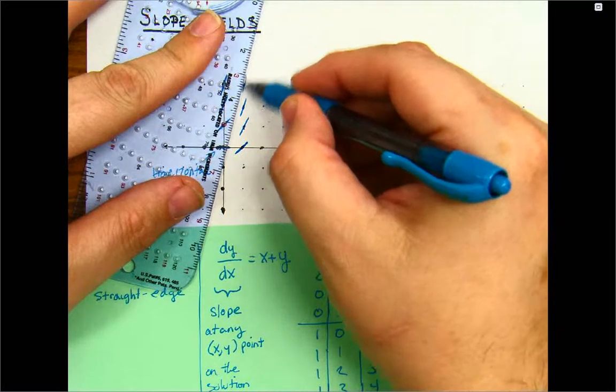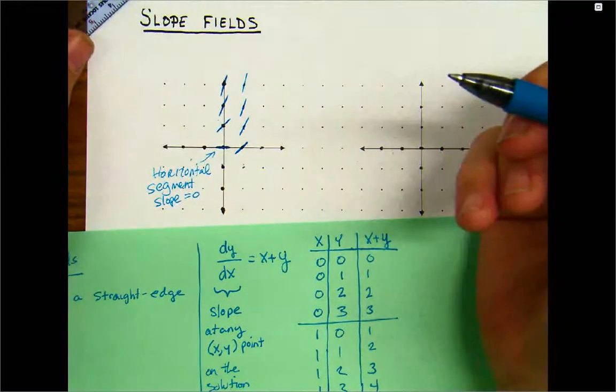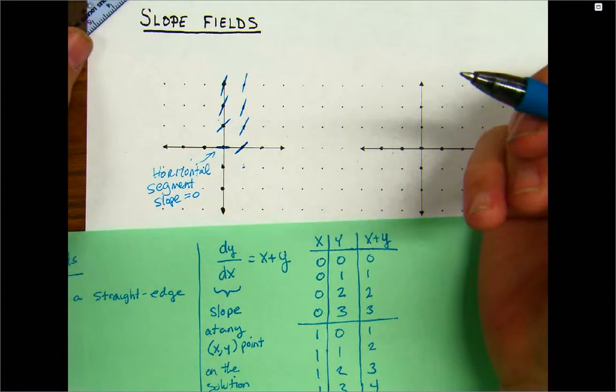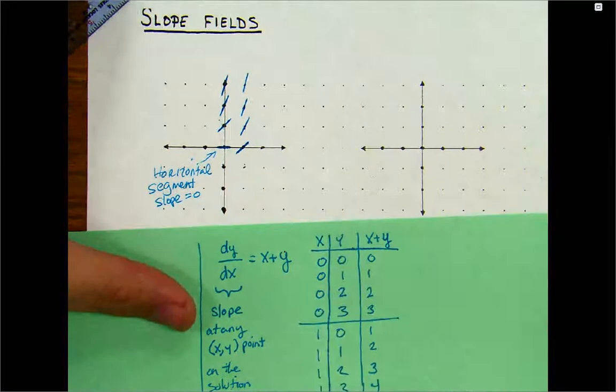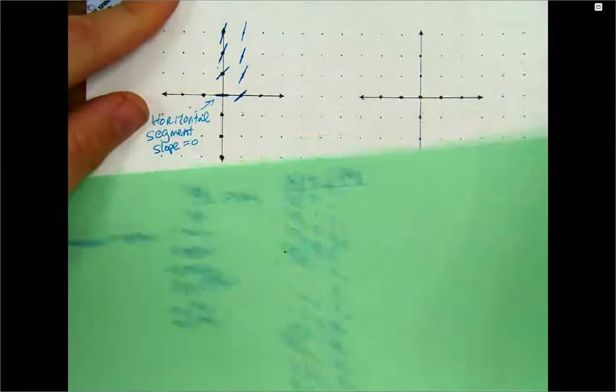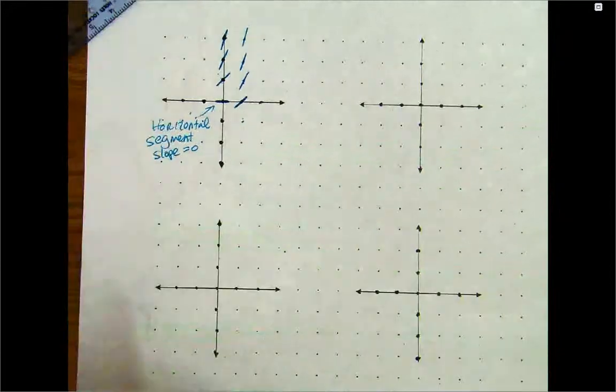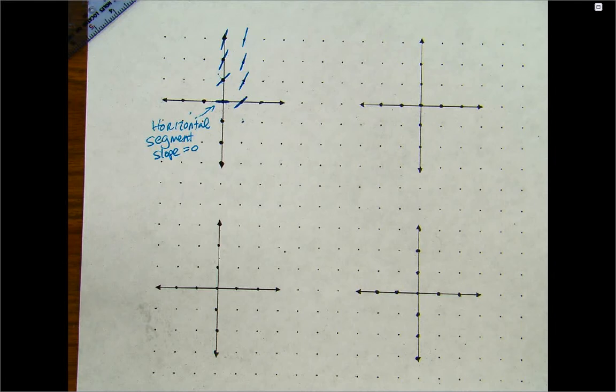Right, I'm getting the slopes from these values.